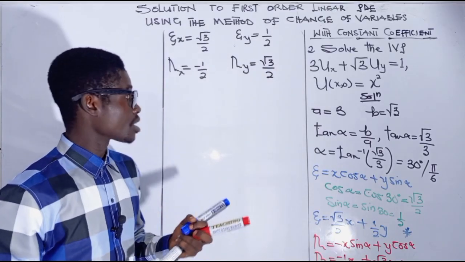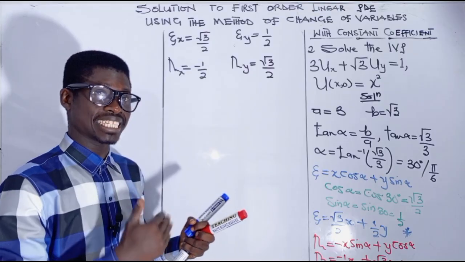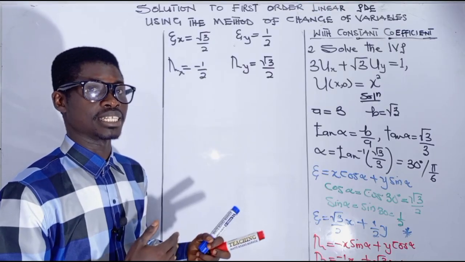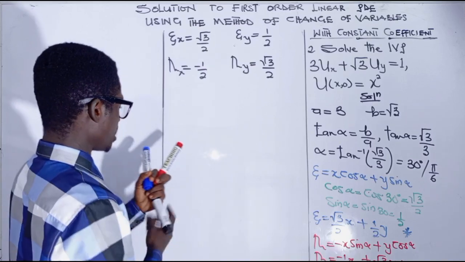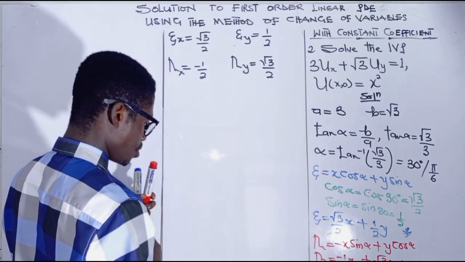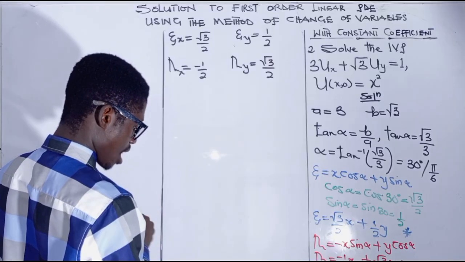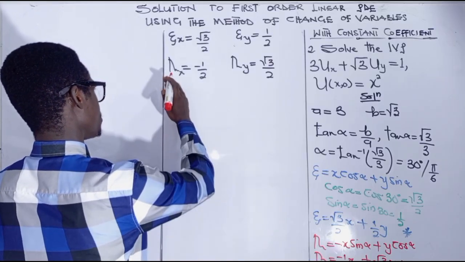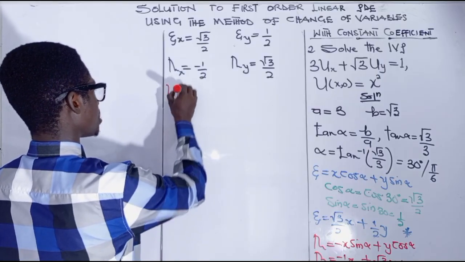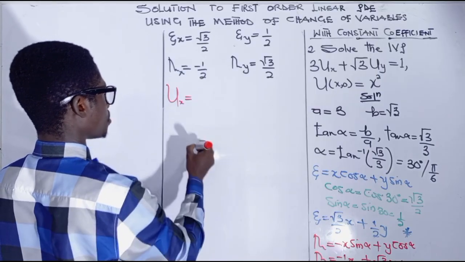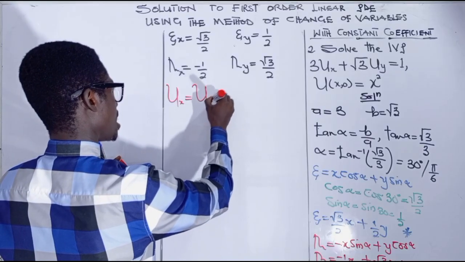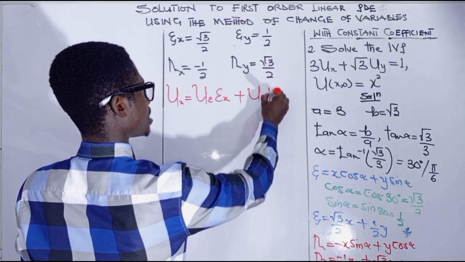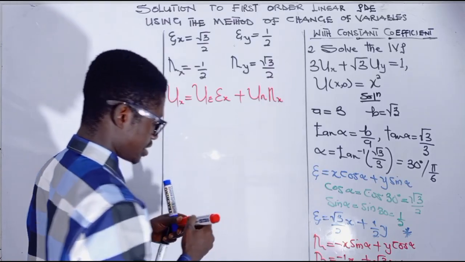Very interesting. So once we are done with this, the third step is to write an expression for ux and then uy. So we said that ux, which is the partial derivative of the function u with respect to x, gives us u xi xi x plus u eta eta x.